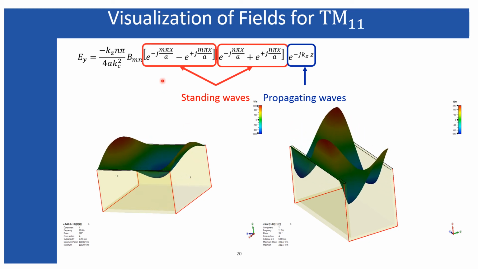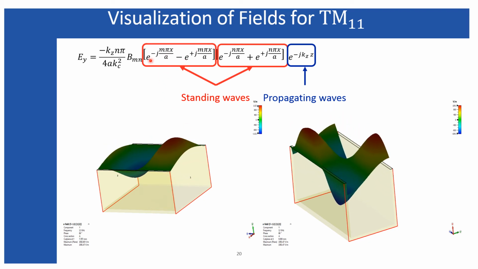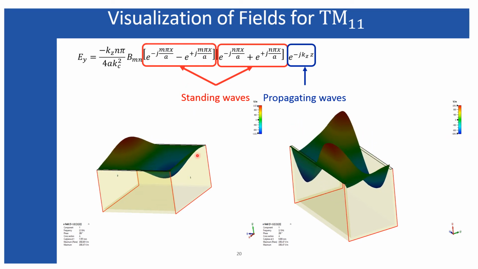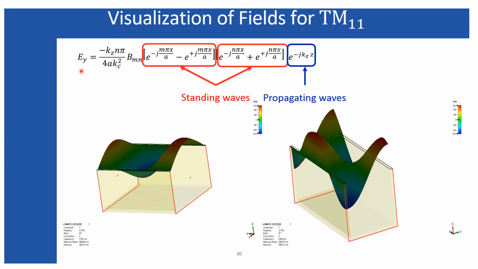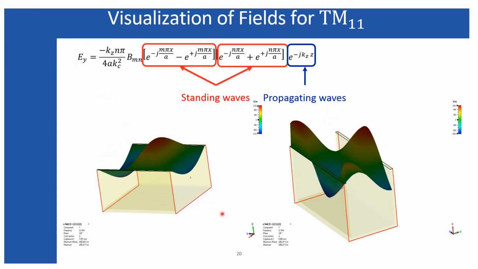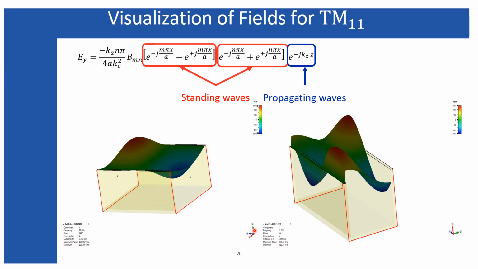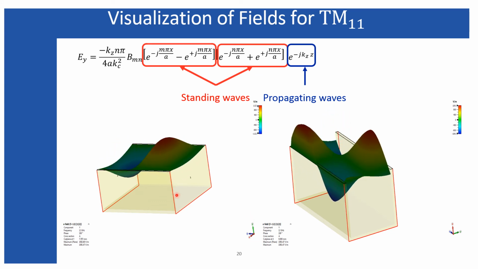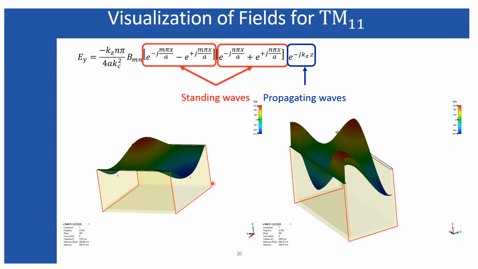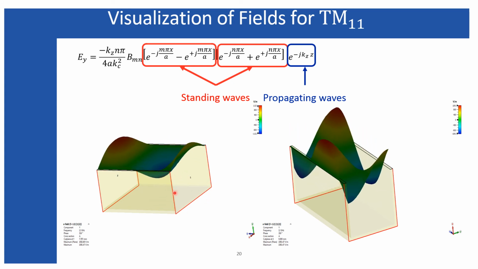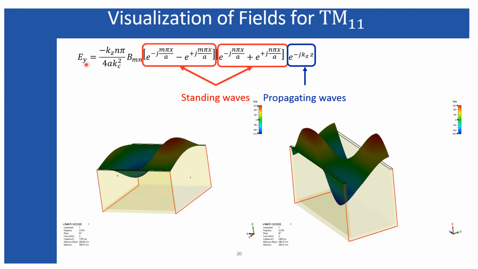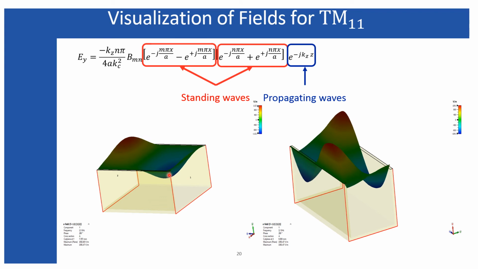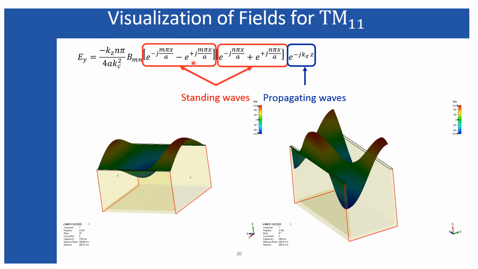Now along the x, this expression includes the sine. I am considering the EY component, and this direction is the y direction, the vertical direction. So the EY component is tangential to the x equals 0 plane and the x equals a plane. Therefore, this EY component at x equals 0 is defined by the sine term.